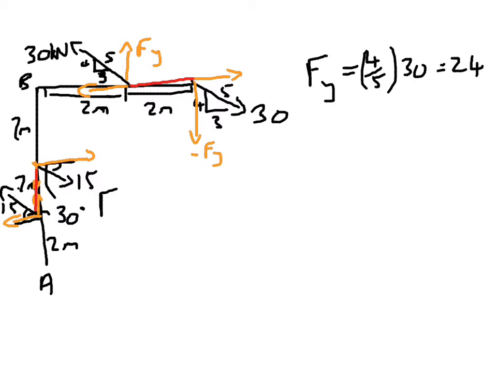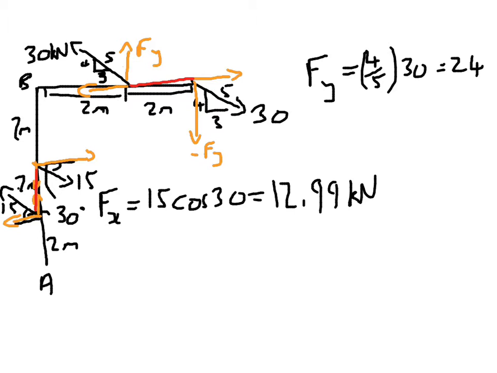So the Fx for this pair of forces is 15 cosine 30. That's not given to me, so you can work that out in your own time. But if you did put it in a calculator, you'd get something like 12.99 kilonewtons.